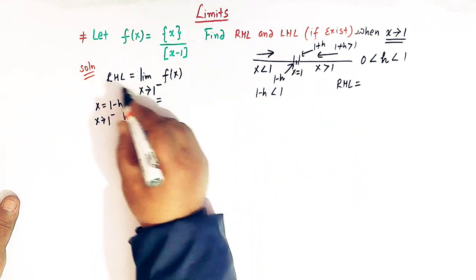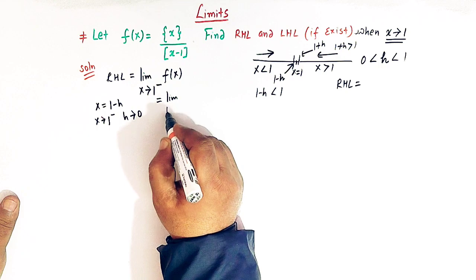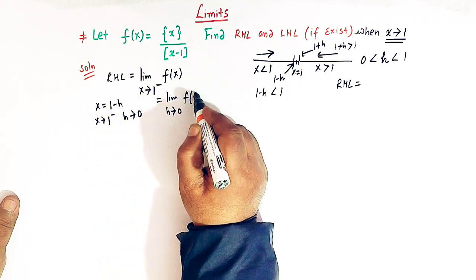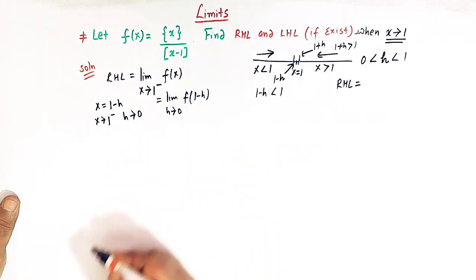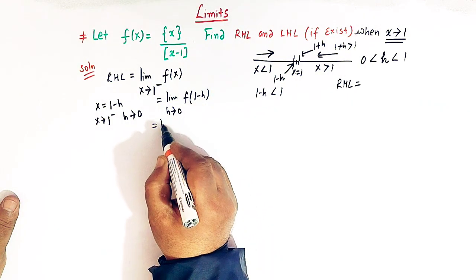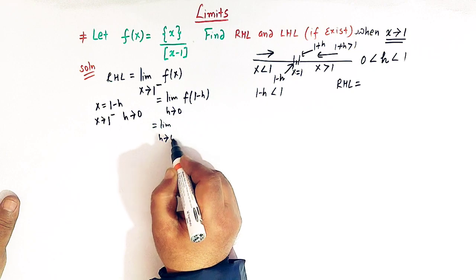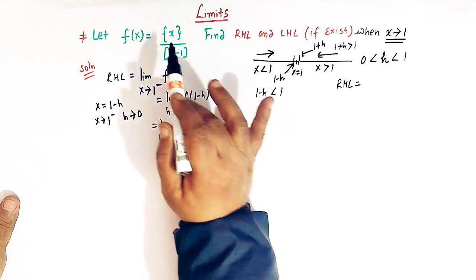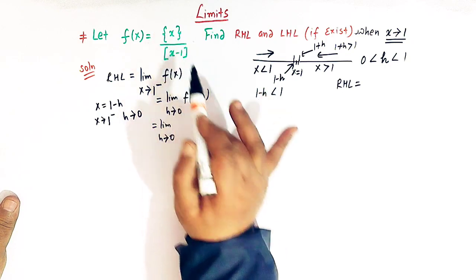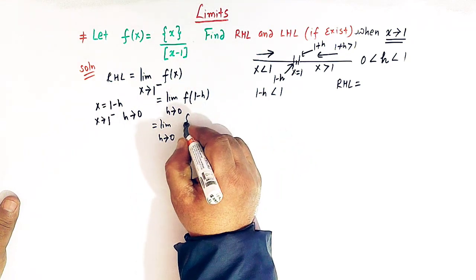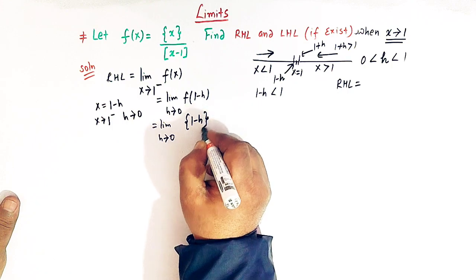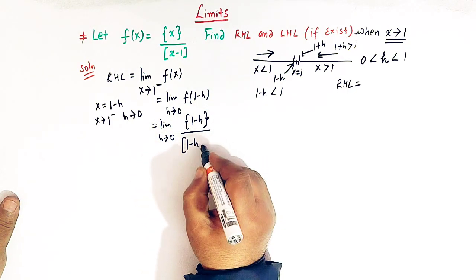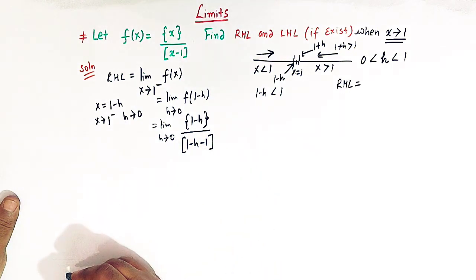So the left hand limit is limit h tends to 0 of f of 1 minus h, obtained by replacing x by 1 minus h. So we have fractional part of 1 minus h divided by greatest integer of 1 minus h minus 1.